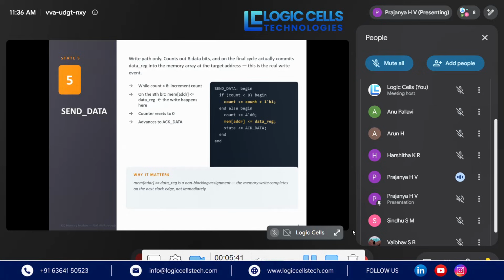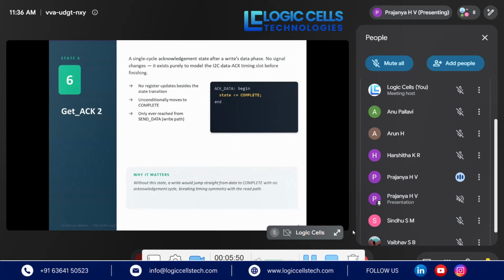The FSM transfers the 8-bit data, the counter resets to 0, and it advances to the acknowledgement of data. The purpose of this state is to receive and check the acknowledgement for the written data. After the 8-bit data has been transferred, the memory can store the data at the selected address.